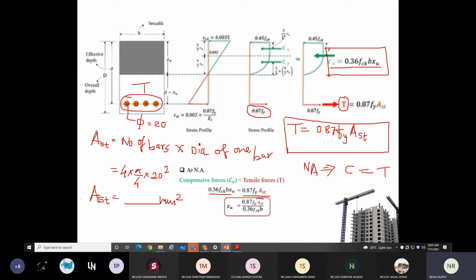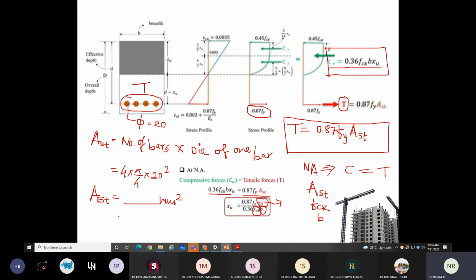This equation has area of steel, b value and fck value also, compared with the limiting depth of neutral axis. That's why this is called the actual depth of neutral axis, which varies with respect to the area of steel provided, the grade of steel provided, and the width of the section. Is it clear, everyone?